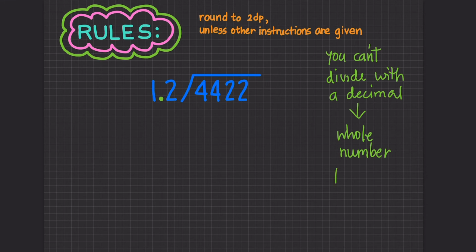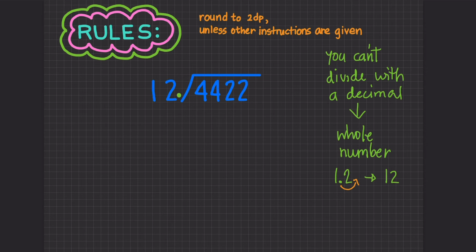If you look at 1 and 2/10, how can I move the decimal point so that this becomes a whole number? All you need to do is move the decimal point to the very right. When I move it here, I will actually have 12, and 12 is a whole number. But there's a problem.